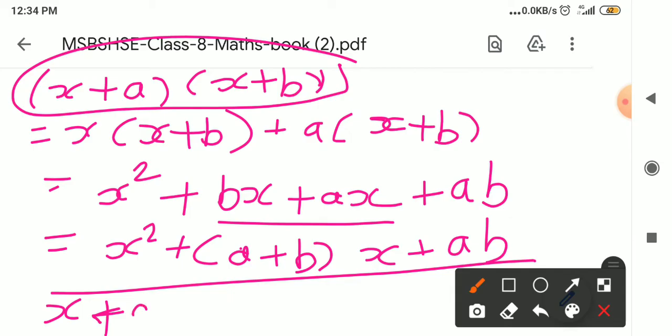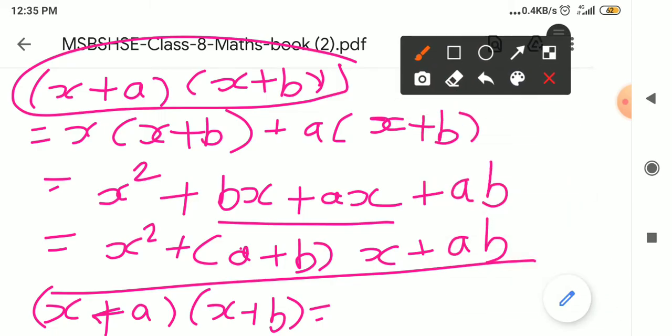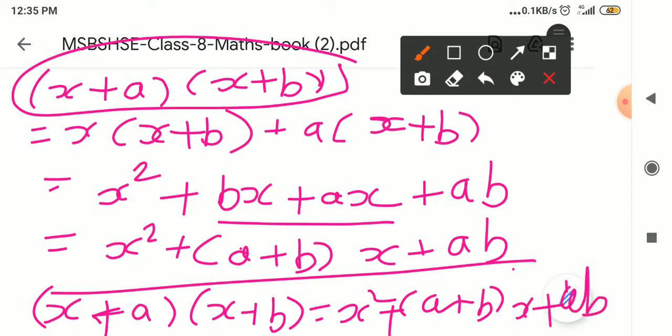(x plus a) and (x plus b) equals x square plus (a plus b) x plus ab. Okay, you have to learn this by heart.